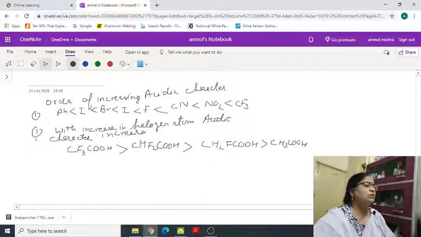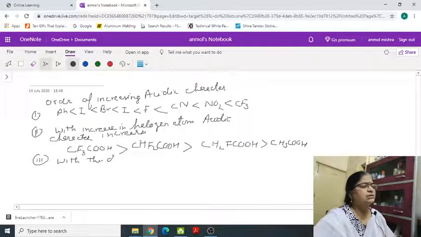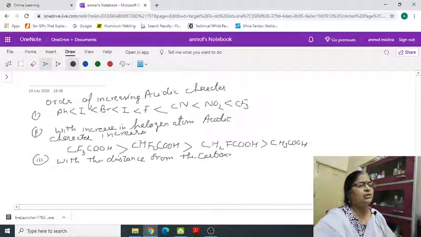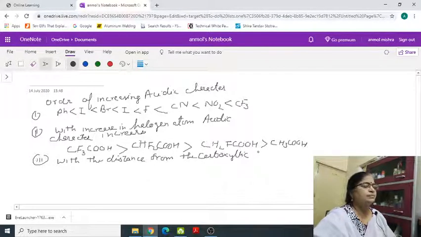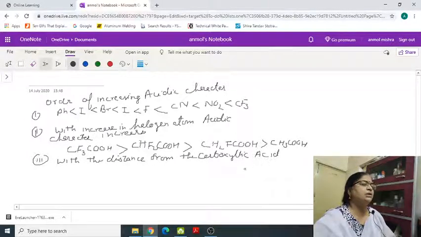Another point you can write down: with increase in distance of the group from the carboxylic acid, acidic character decreases.